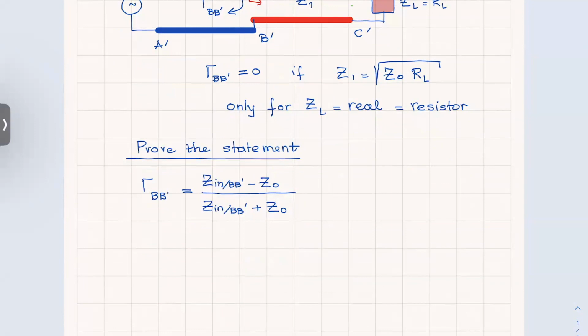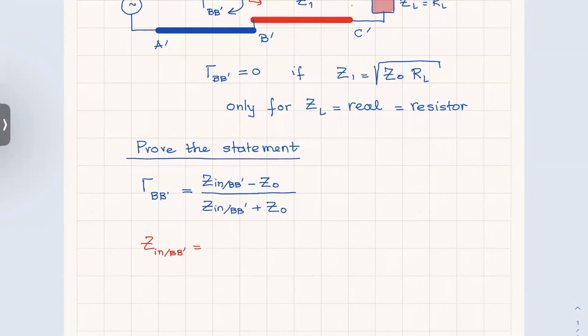What I will do next is use the formula for the impedance in the red line that has the load at the end to find the input impedance at BB prime. I'm going to write it there in red so you know. What characteristic impedance am I going to use?